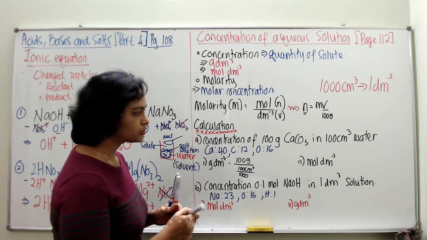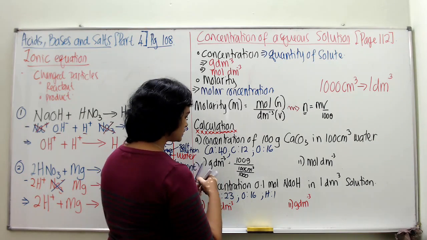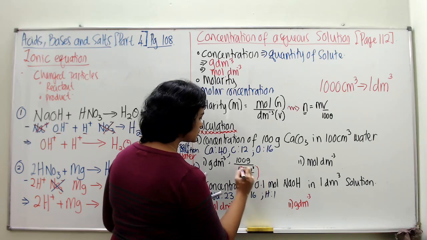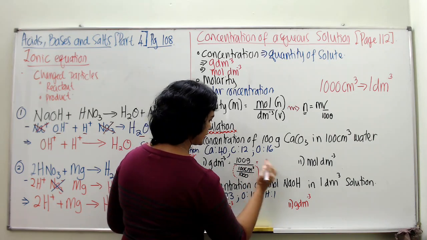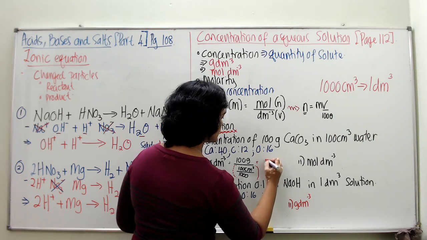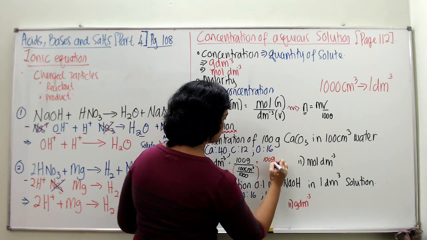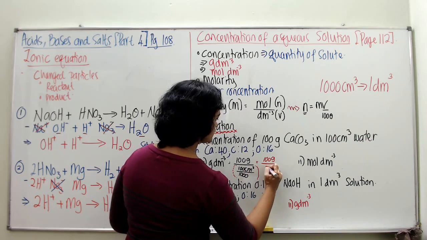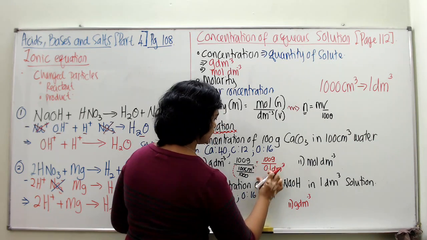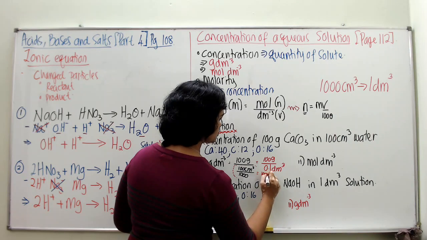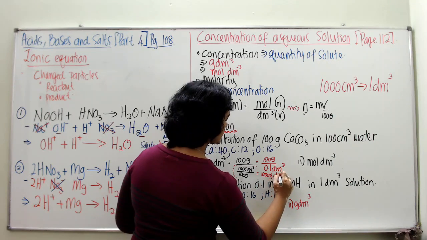Because we want to change cm cube into dm cube. So you will basically get 100 gram divided by 0.1 dm cube. Okay, so the answer will be 1000 gram per dm cube.